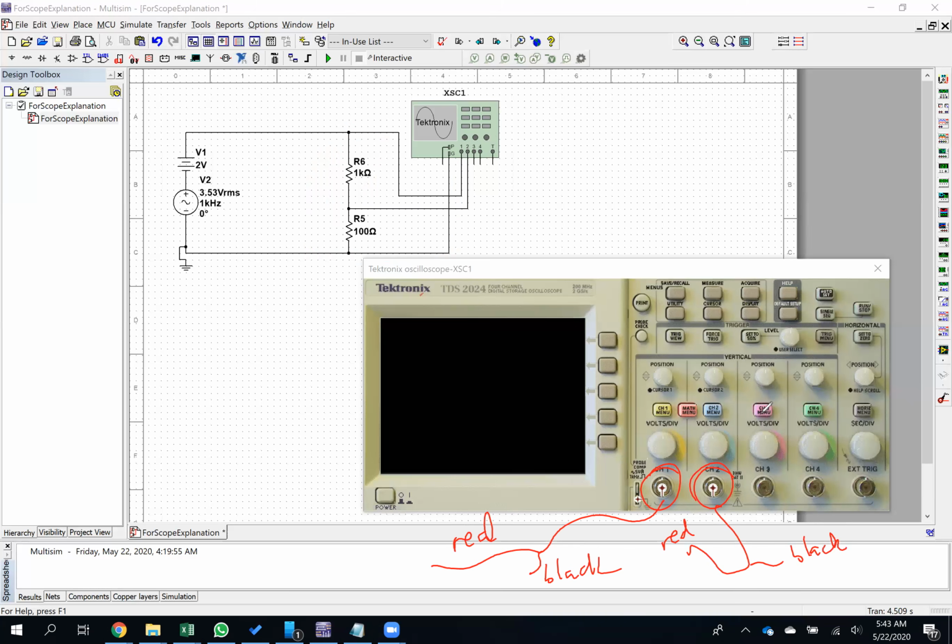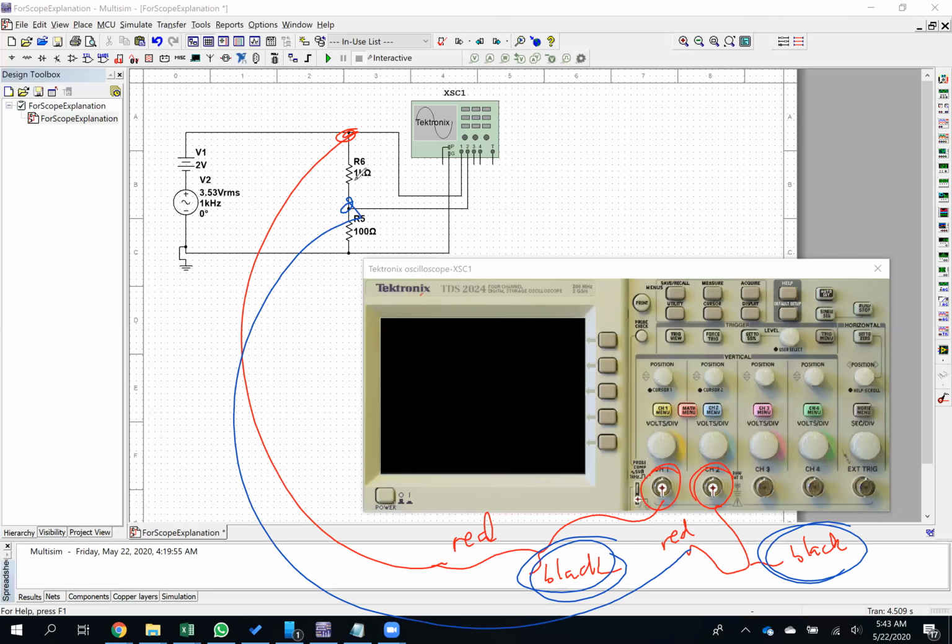The two black leads have to be connected to ground, right? They're both going to be connected to ground. And then for the red leads, I would put my channel 1 there and my channel 2 there, right? But I should connect both those black leads to the ground point of my circuit, okay?